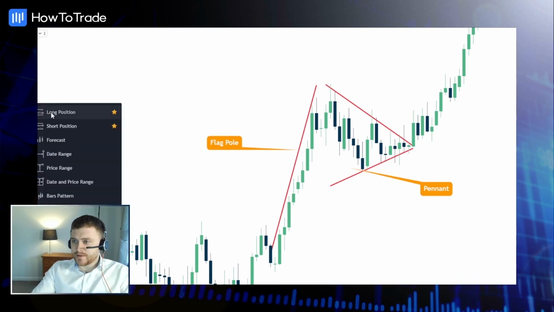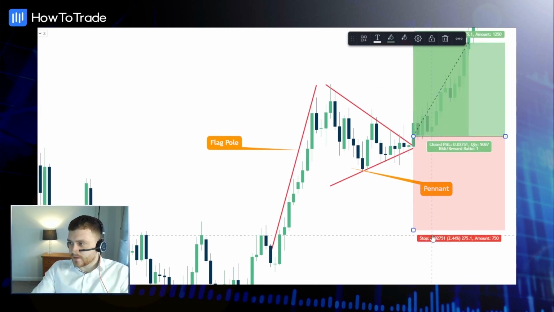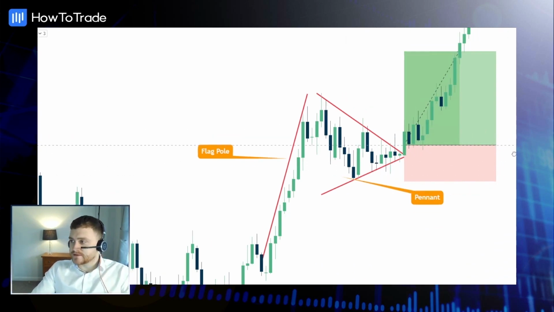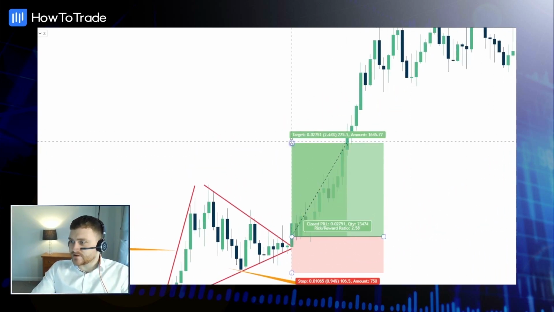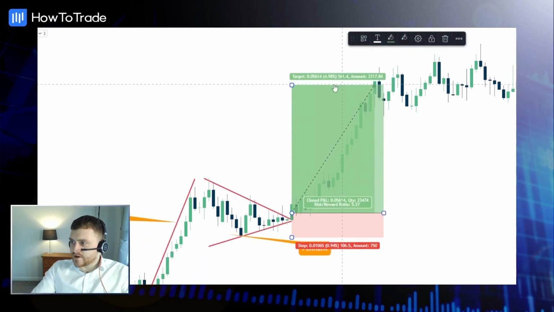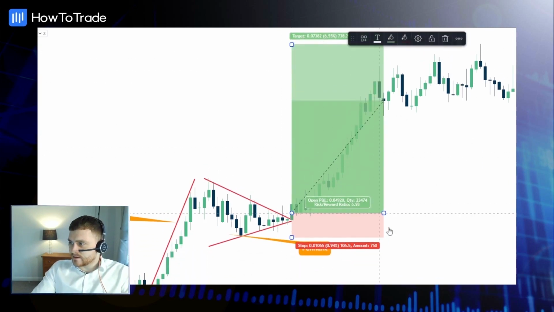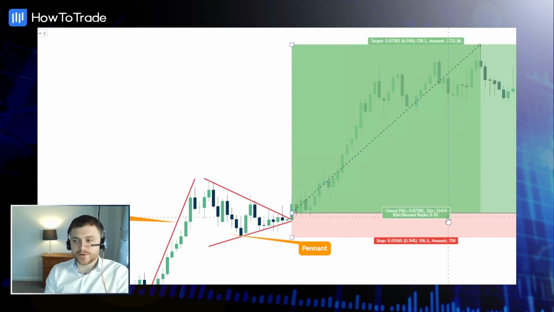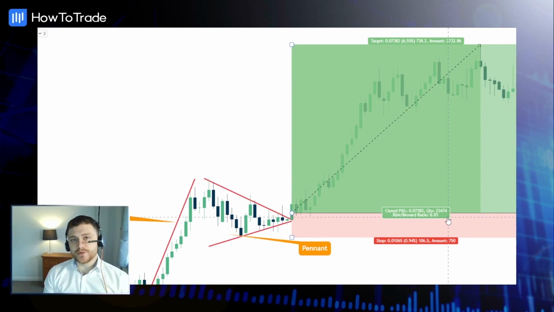So if traders were to buy at the breakout candle in this example, with a stop loss just sitting below the low of the pennant, you can see that from there we've managed to actually have a really, really nice trade of a 6-7 risk reward trade, around a 7 risk reward trade, which is a fantastic trading opportunity, and that is how we can use that bull pennant to get that opportunity.